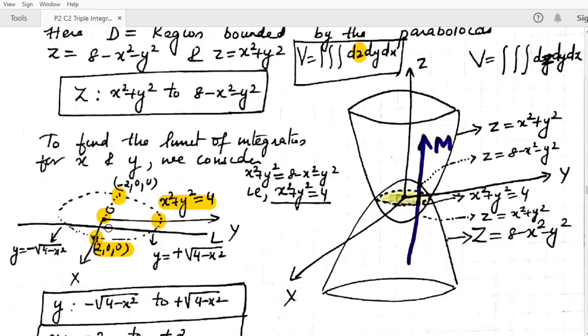Now, after z, we have to find the limit of the variable y.